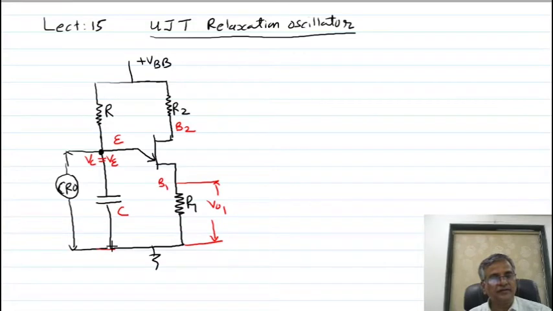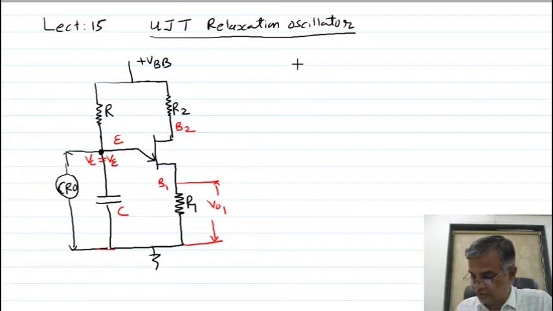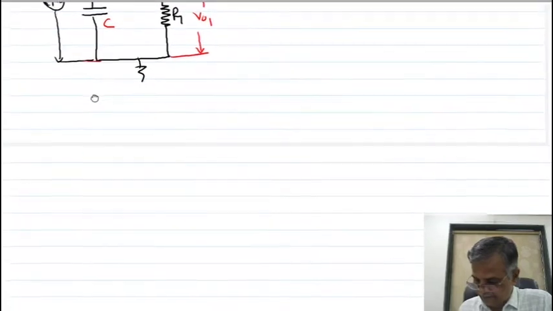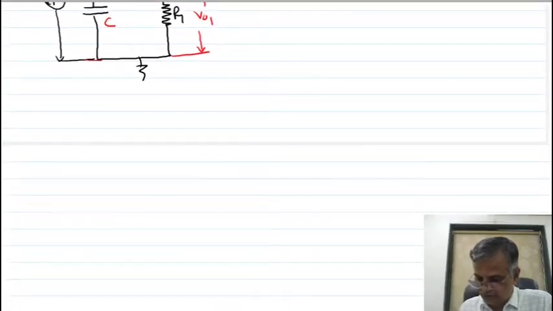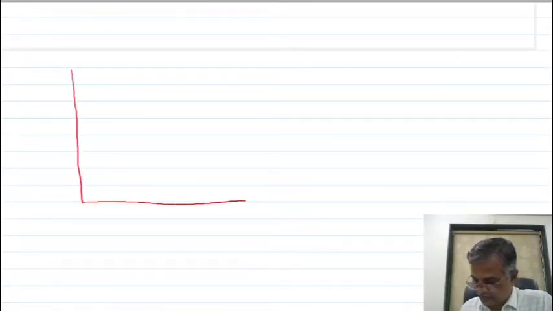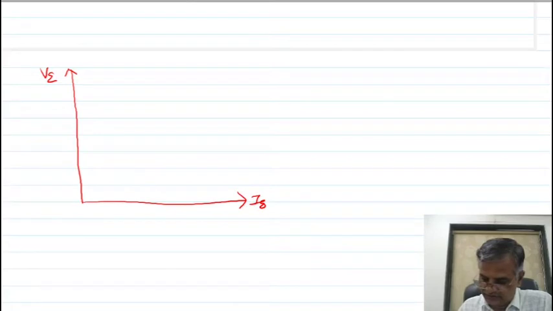Look here, we want to use the negative resistance property of a UJT. You must be aware of the negative resistance property. See, this is your UJT V versus I characteristics.